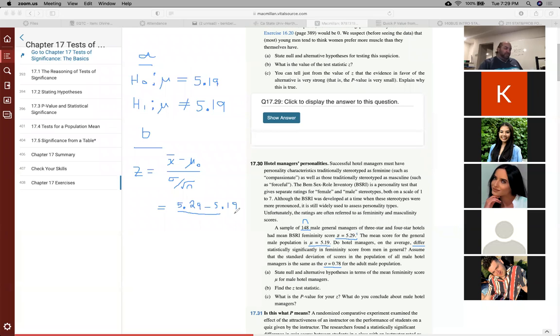What is sigma in this example? .78. They gave me that. And what is n in this example? 148. So no need to crunch it by hand, because that can be done on a good old-fashioned calculator.